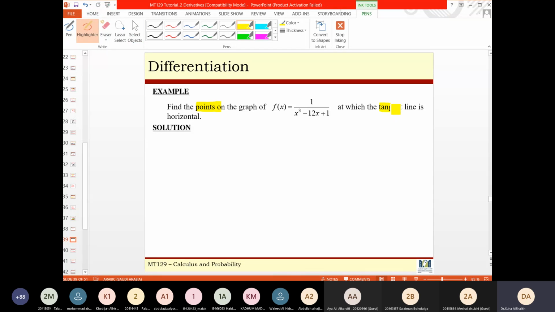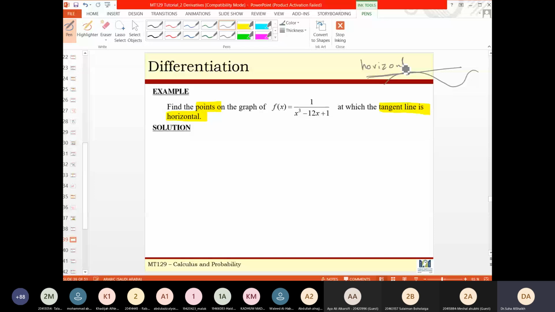You remember when we talked about the tangent line? What does tangent line mean? The one that touches. They want the points where the tangent line is horizontal. What does horizontal mean?